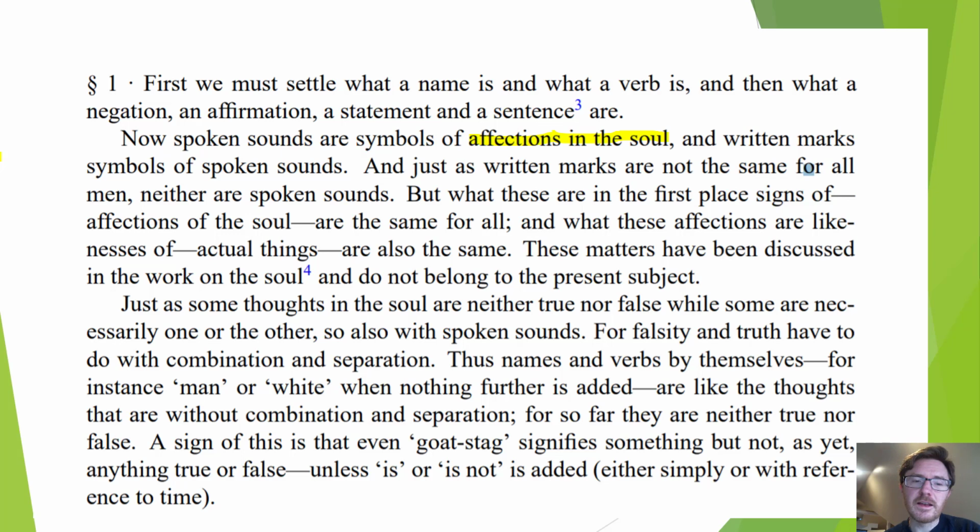So then he continues, "A sign of this is that even goat stag signifies something, but not as yet anything true or false, unless is or is not is added." So once we have the word goat stag, that obviously indicates something. That particular goat stag over there that's on the street outside my house. Why is there a goat stag outside my house?